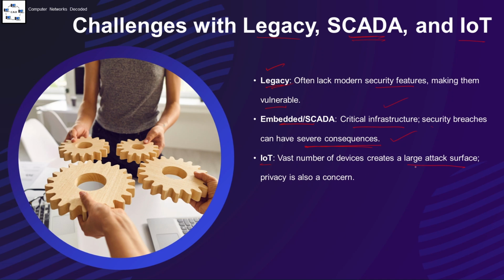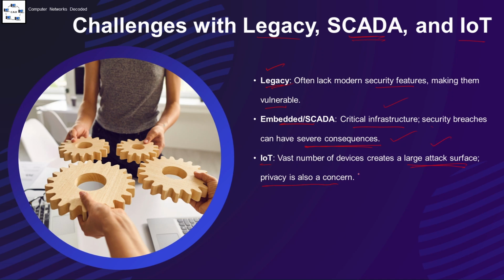IoT, so a vast number of devices creates a large attack surface. Privacy is also a concern. What does this mean? This means that if you have multiple devices inside your home, such as your light bulbs, your TV, your refrigerator, and all these have connectivity, it means you have a large attack surface. Any of these devices can be penetrated by the attacker. Privacy is also a concern.